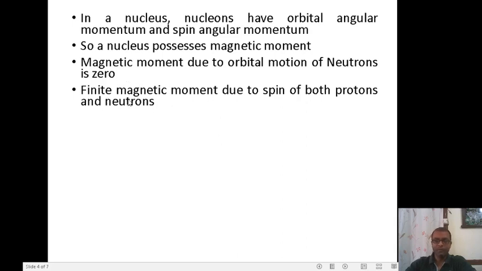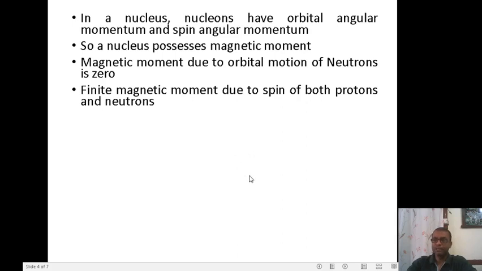Also, there will be a finite contribution to the magnetic moment because of the spin of both the protons and the neutrons. Although the neutron overall is neutral, as I told you, it has a finite contribution to the magnetic moment because of its spin and hence the spin angular momentum. Why? Because there is a non-uniform distribution of charge inside the neutron.